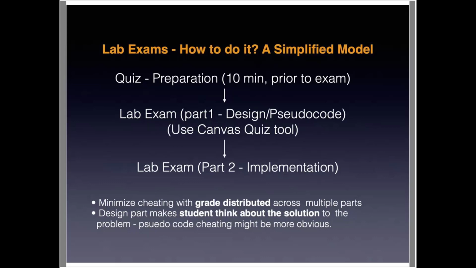But you can do a simplified version of that in the exam. If you have a class of 50 students, you can have 4 or 5 different problems, and each student gets one of those problems at random.